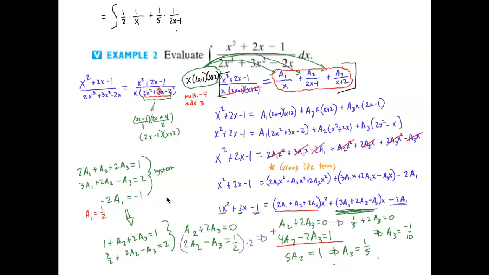And a3 was negative 1/10, so minus 1/10 times 1 over x plus 2 dx.